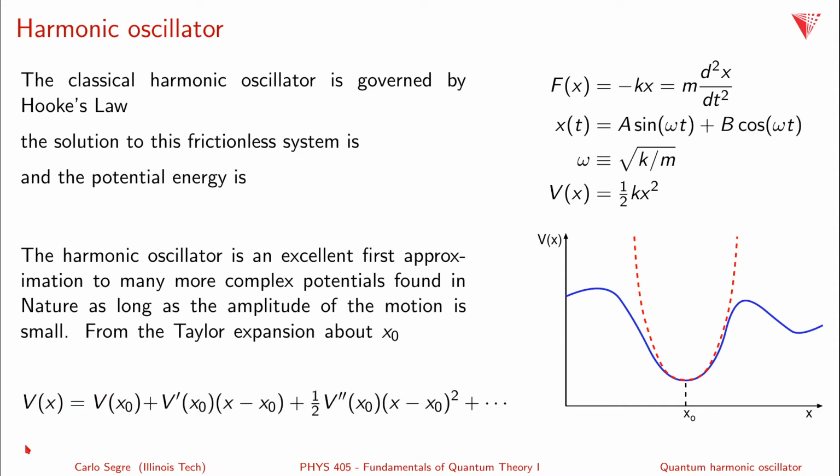The potential as a function of x is equal to the potential at x0, right? That's the value here, plus the first derivative of the potential evaluated at x0 times x minus x0. Then add 1/2 of the second order derivative evaluated at x0 times x minus x0 squared, right?